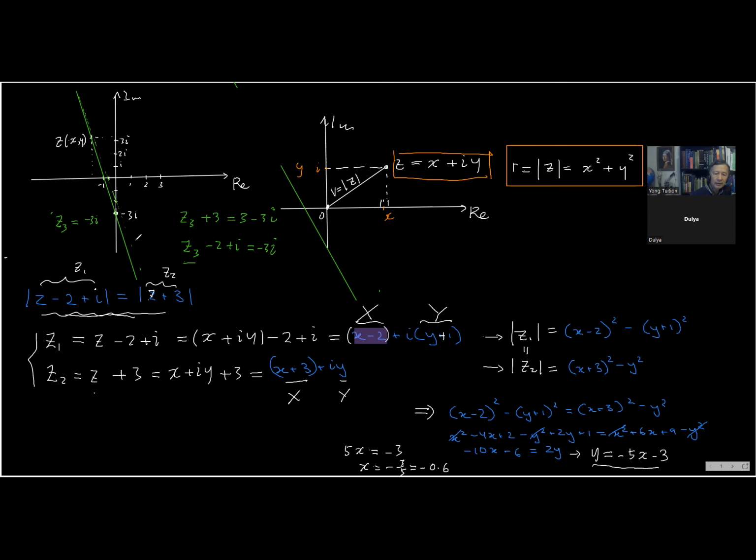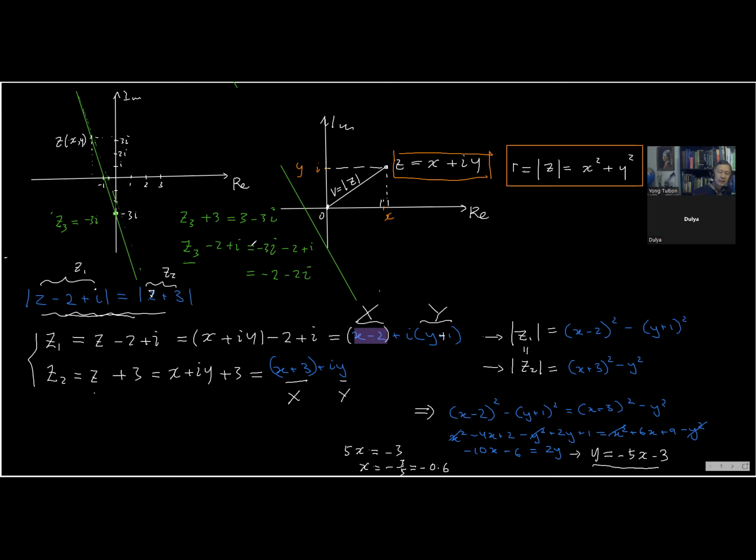We start from this special value, and then we got -2 and positive i. The real part is -2, and if we combine this with -2i, wow, this is not equal, right?